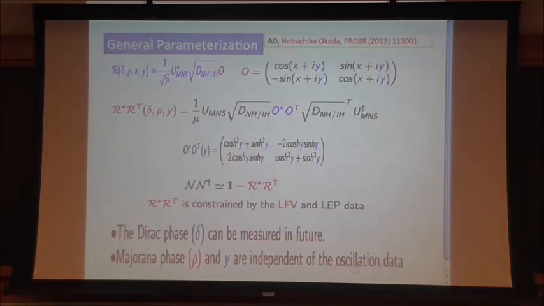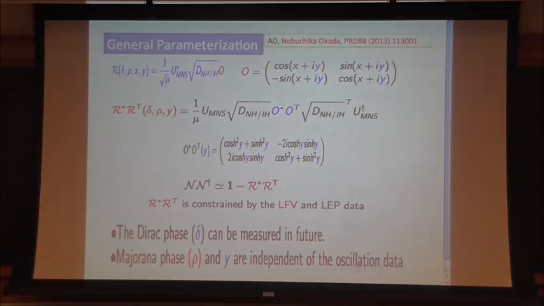To do that, we use an orthogonal matrix inside our mixing matrix, and we find that if we calculate this R star R transpose, then this R star R transpose is a function of this y parameter, not of the x.